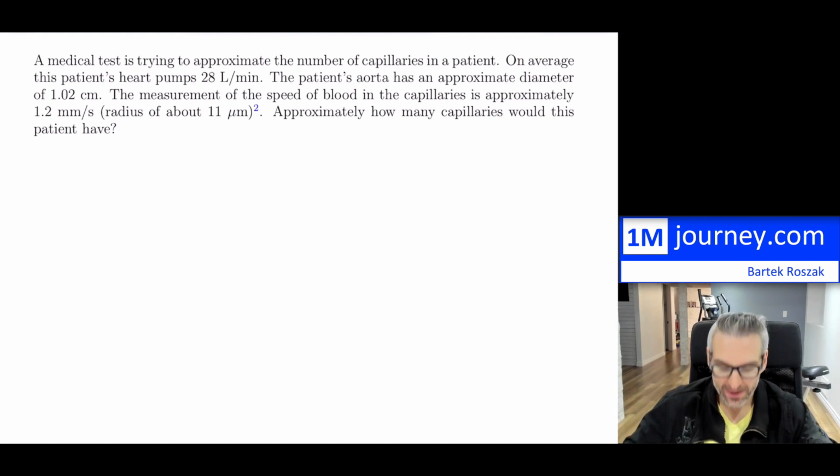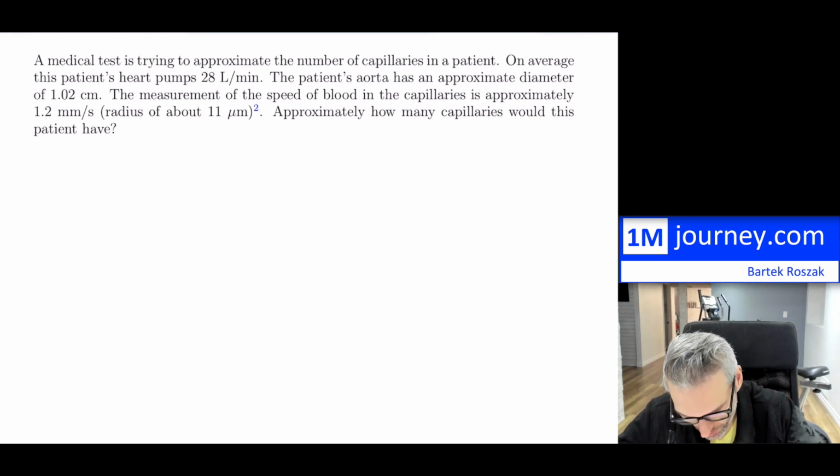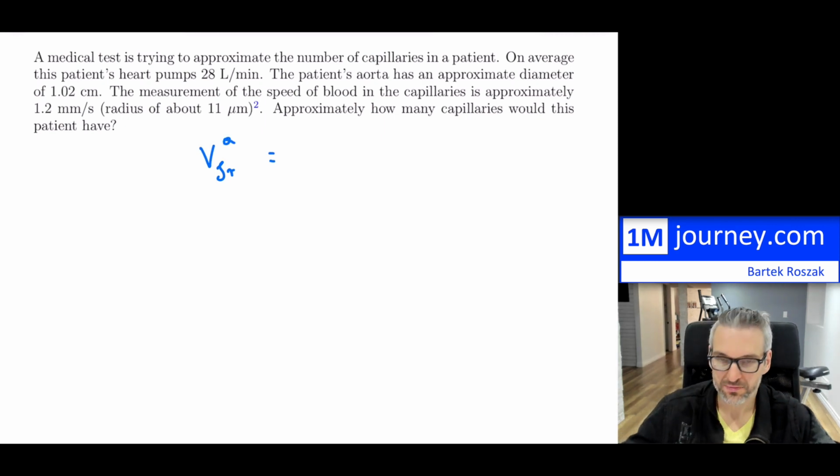So let's think back. In terms of volume flow, we have our aorta, which has a certain flow rate. So this is coming in from the aorta. And the amount of blood passing through is going to keep this volume flow rate constant throughout.